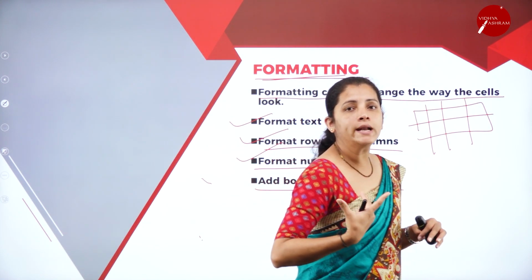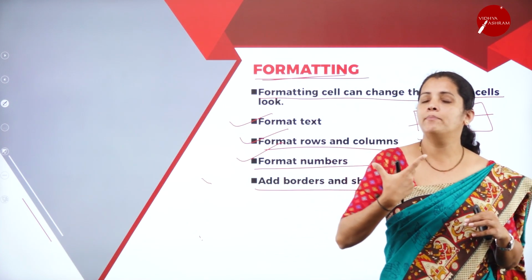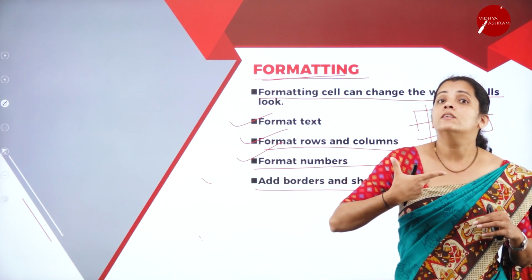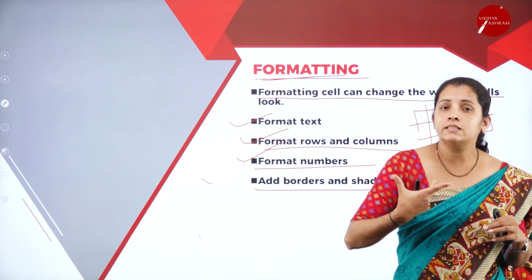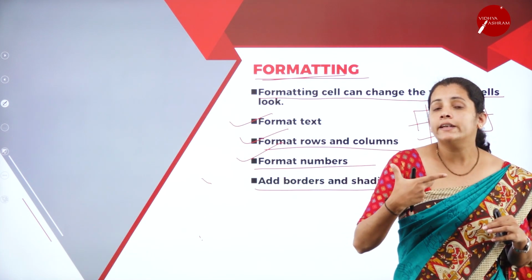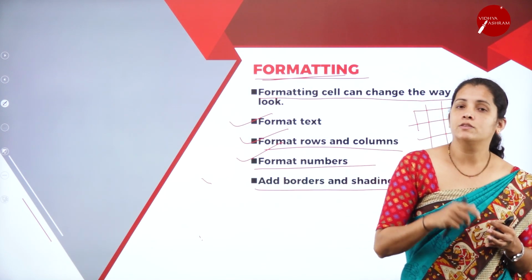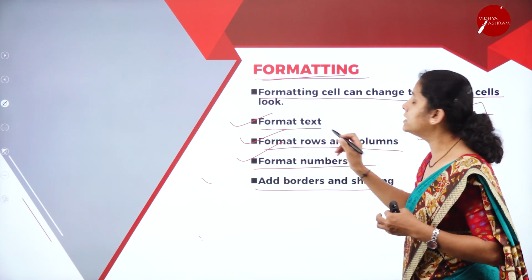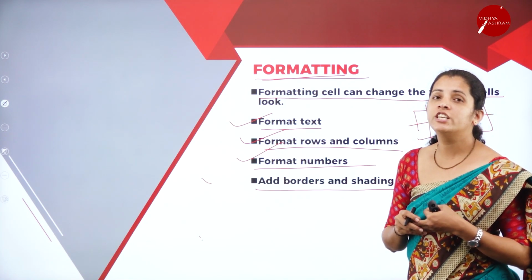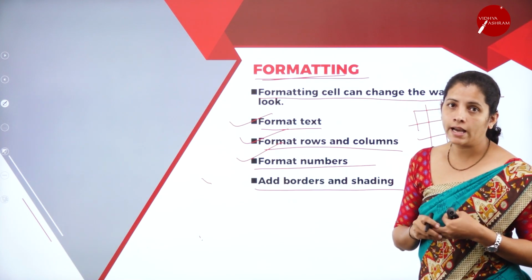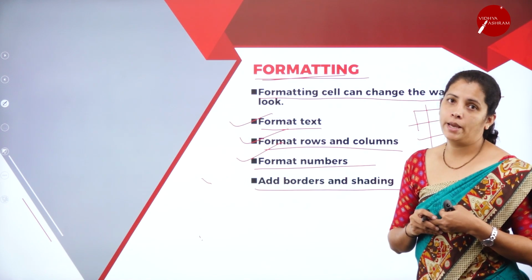So what is formatting text? That means I can change the font style, that is text style, text border, text color, everything. So under format text, I can change the text style or text appearance.